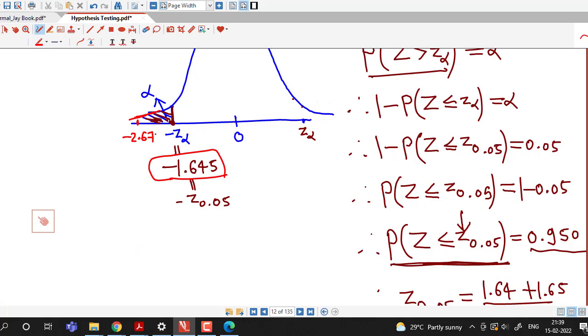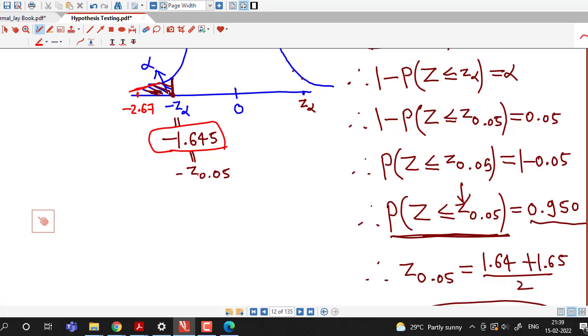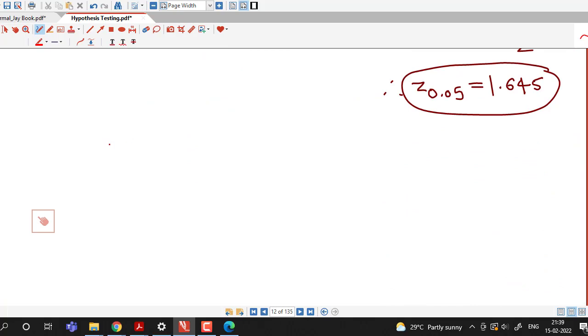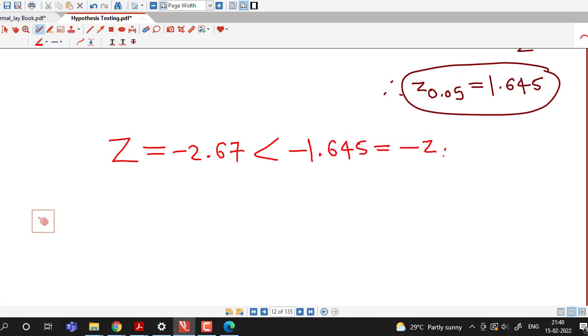So the value of the z statistic, minus 2.67, is less than this critical value of z, therefore we reject the null hypothesis. So here we write that the value of z is minus 2.67, which is less than minus 1.645, which is nothing but minus z suffix alpha.